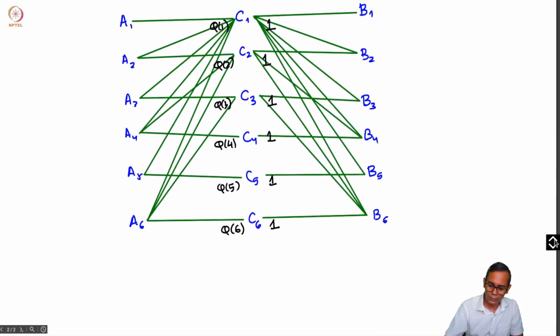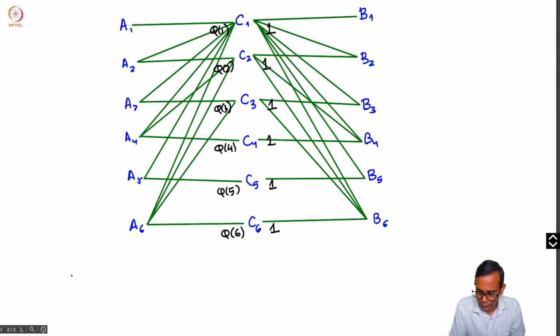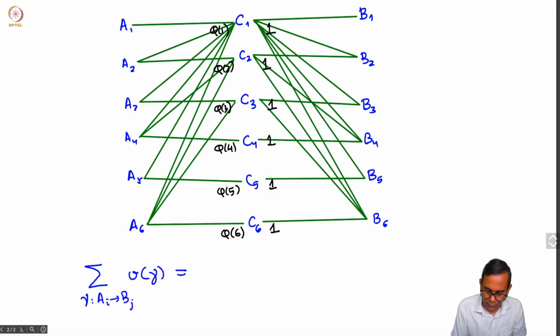Let's see what determinant it computes. What is the sum of the weights of paths from A_i to B_j? A path from A_i to B_j has to go through C_k for some k, but this can only happen if k divides both i and j.